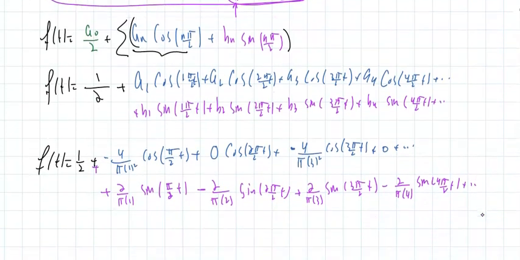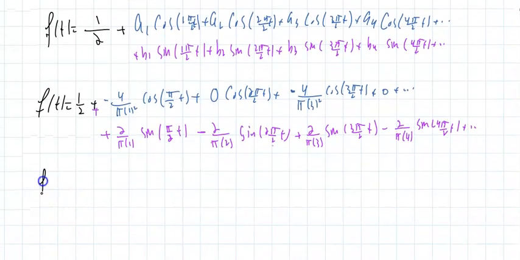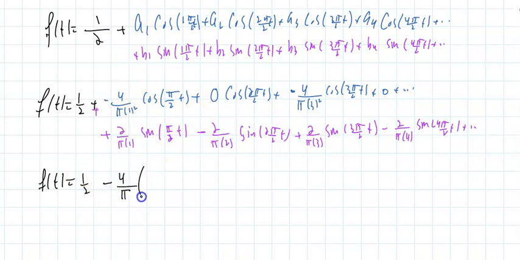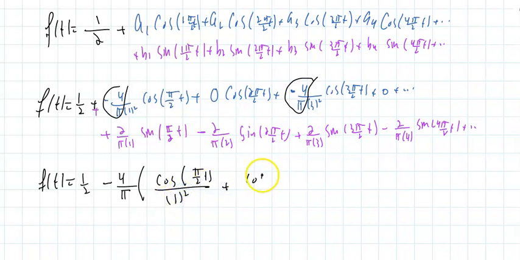So, altogether, this is really what I'm looking for. f of t equals 1/2. I notice here, and something really worth mentioning, I could take negative 4 over pi out of those because it's going to be there. So what is left? The cosine of pi over 2t over 1 squared plus the cosine of 3 pi over 2t times 1 over 3 squared. They like the number up front.